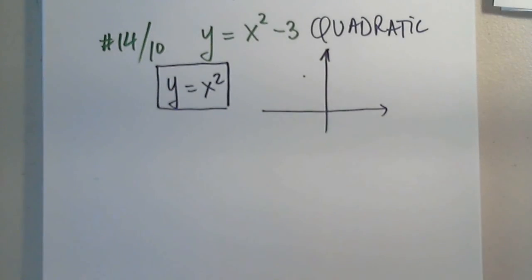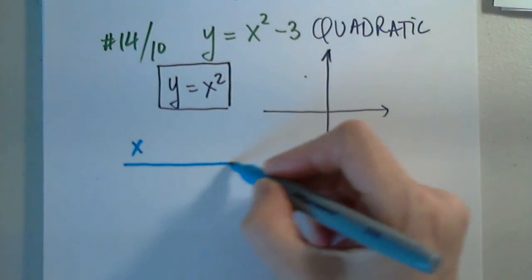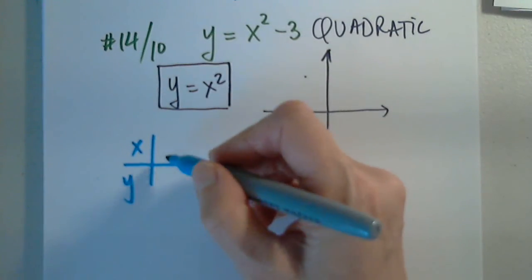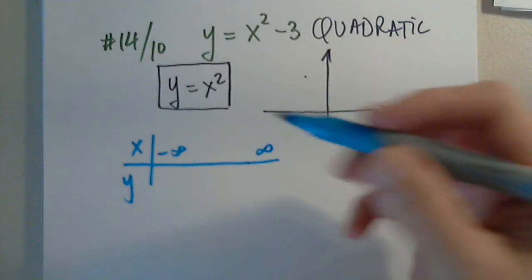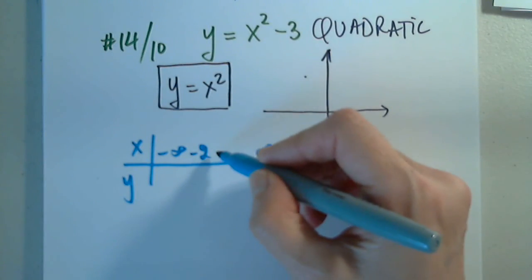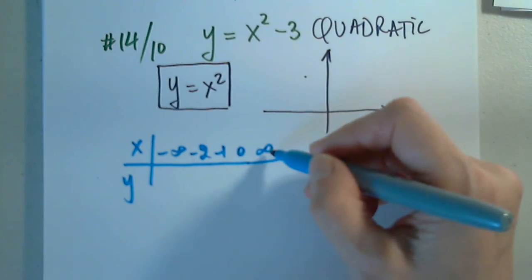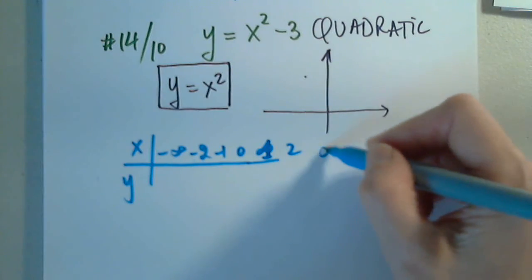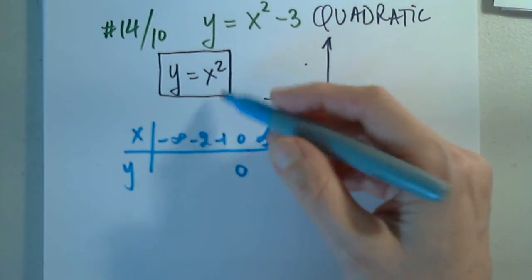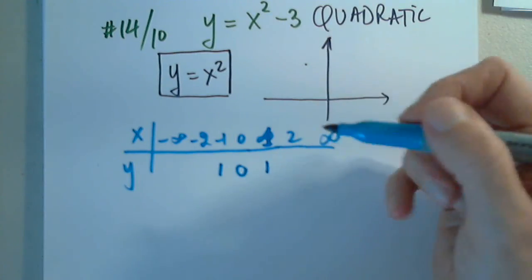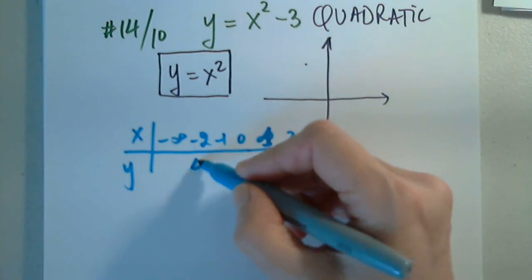Well, I should create a little table and show you. Let's say negative infinity to infinity because that's the domain. Let's say negative 2, negative 1, 0, 1 to infinity. When I plug in 0, I get 0. When I plug in 1, I get 1, or in both situations, and 4 and 4.